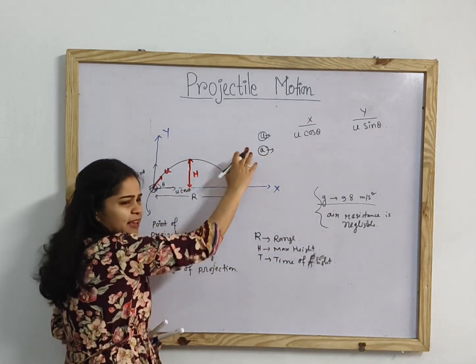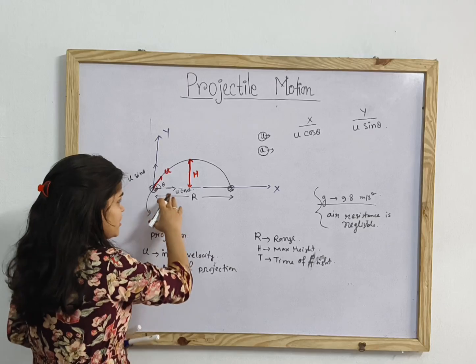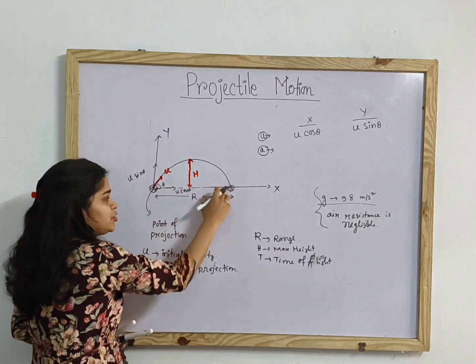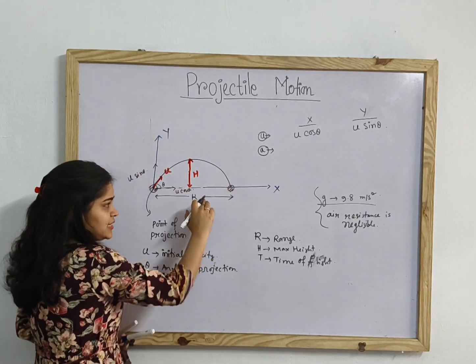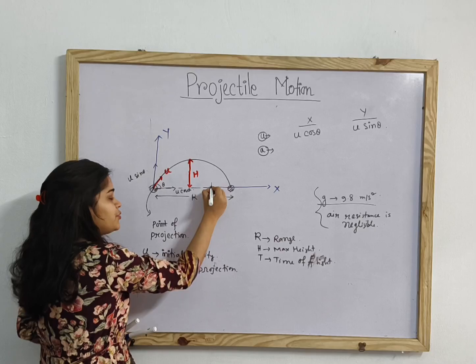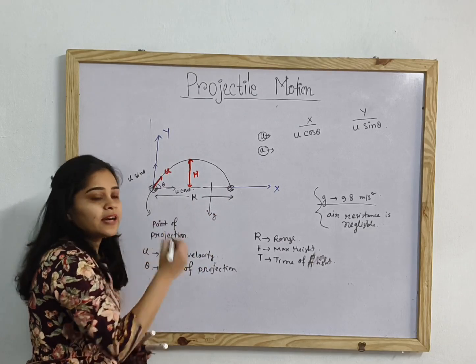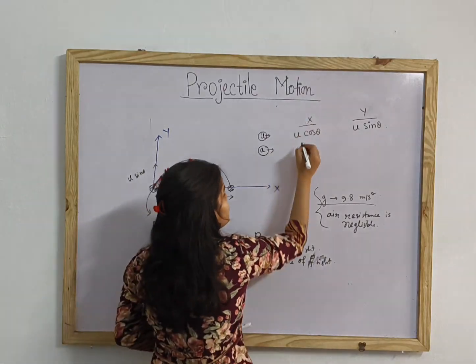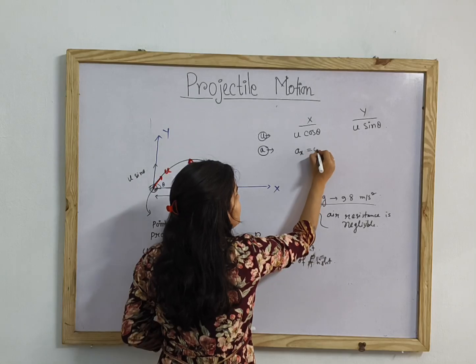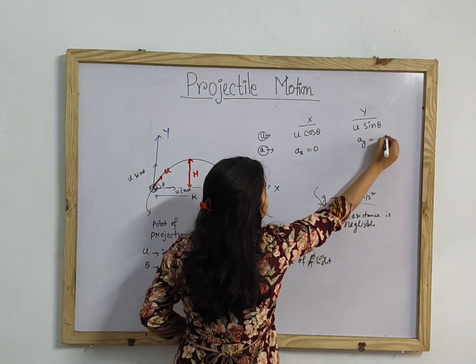I'm just writing a for acceleration. In the case of the x-axis, the particle is moving along the x-axis, and you know the acceleration due to gravity, the direction of g is downward. So along the x-axis, ax is 0, and ay is equal to g.